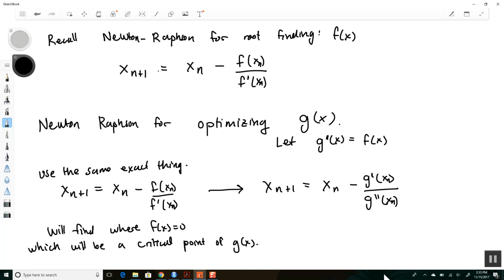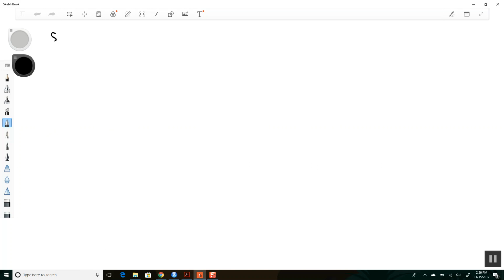All this requires is, if you're given g of x, you just find the derivative of that, and then apply a root finding method to the derivative of the function that you want to optimize. That's our first class of optimizers. So you have some function g of x, find g prime of x and let that be f of x, and then just apply a root finding method here.